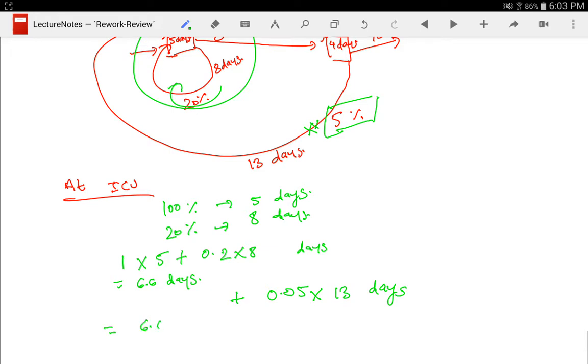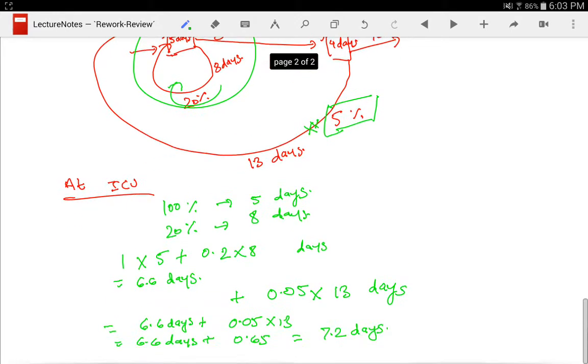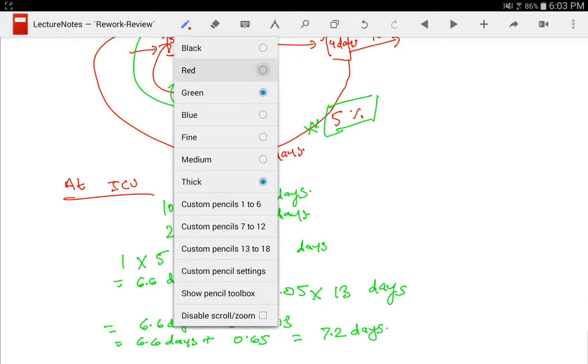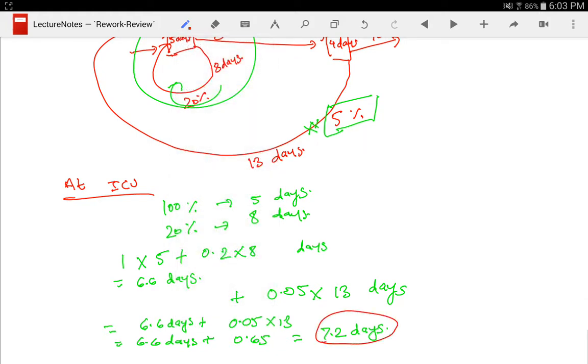So altogether we have 6.6 days plus, for this 5%, 13, that is 6.6 days plus 0.65, making it 7.2 days. So on average, an average patient demands 7.2 days of the time at the ICU.